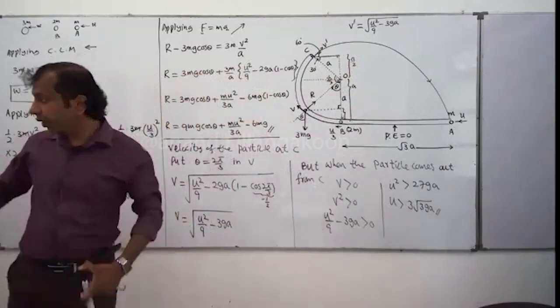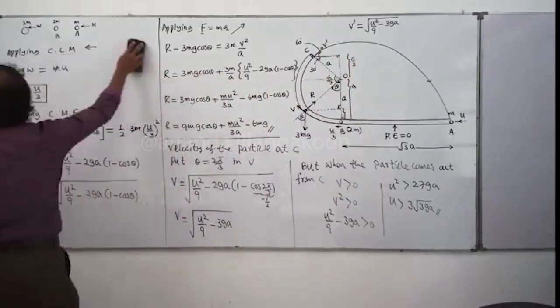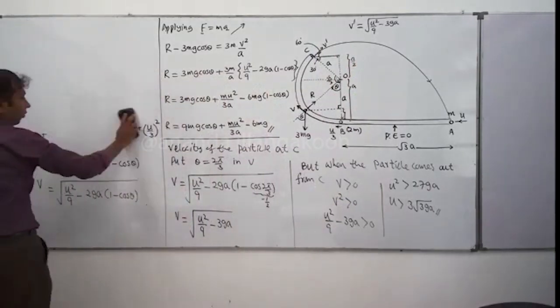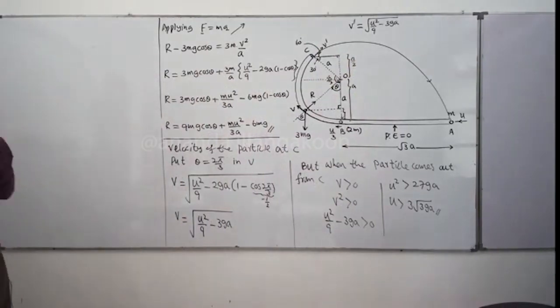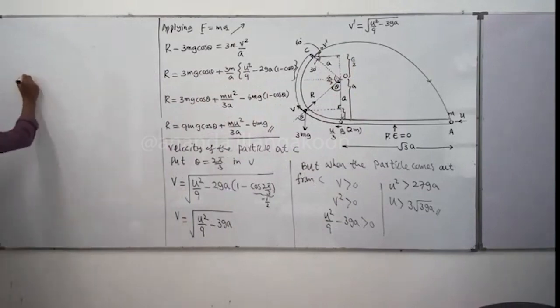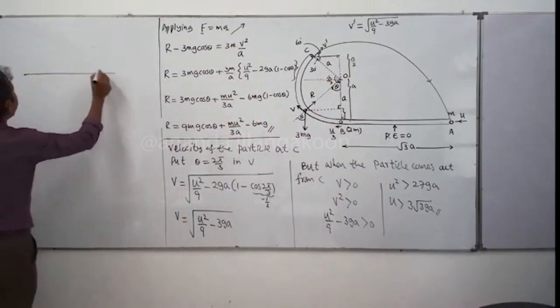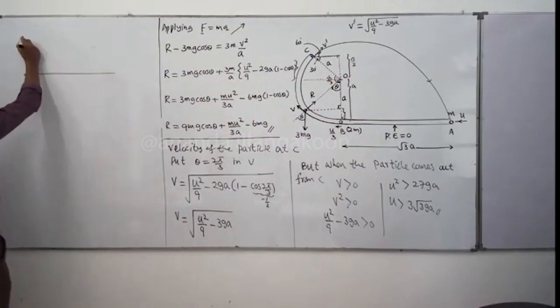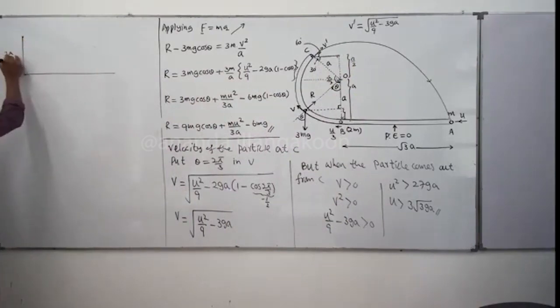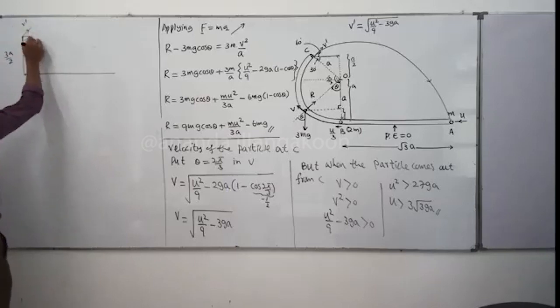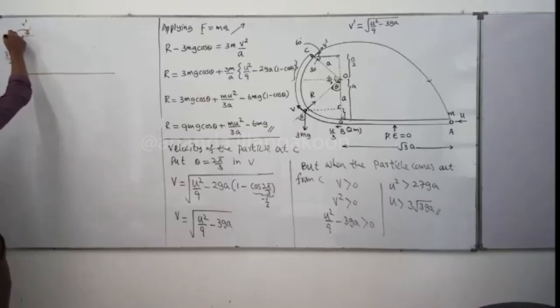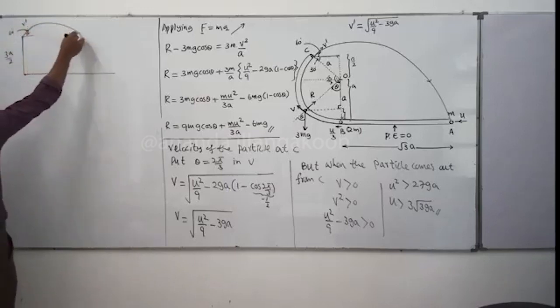Okay. Then we can apply the equations for this projectile motion. Then I'll draw that as a projectile motion like this. The particle is here now. The height is 3A by 2. It moves with velocity v dash, making an angle 60 with the horizontal like this.